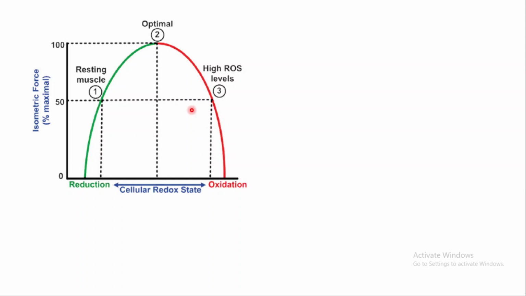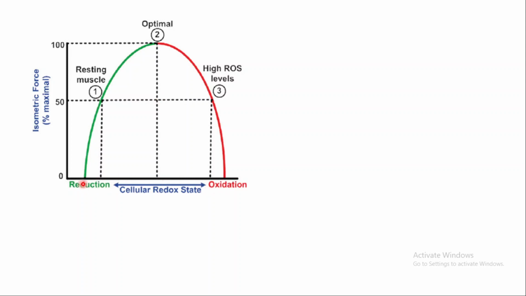And in oxidation state, the amount of ROS generated exceeds the antioxidants present in our body. So point 1 here is the resting muscle phase, in which we have reduction phase, and isometric force is maximal 50%. And point 2 is the optimal force range, which occurs in between reduction and oxidation state.